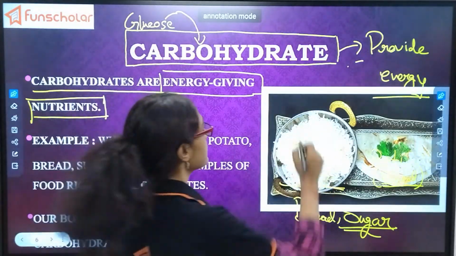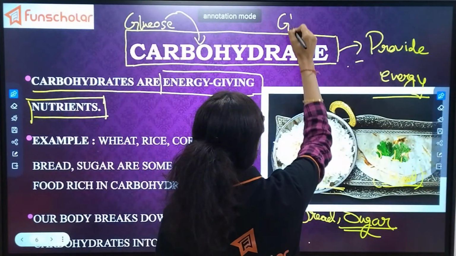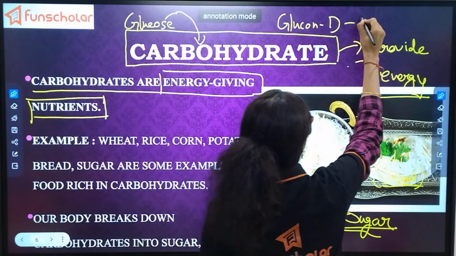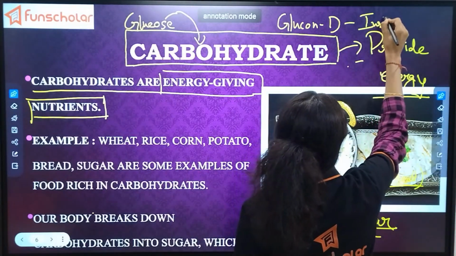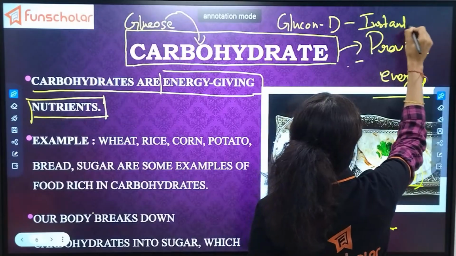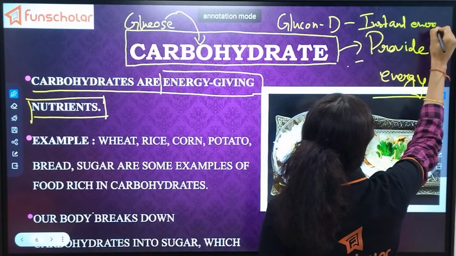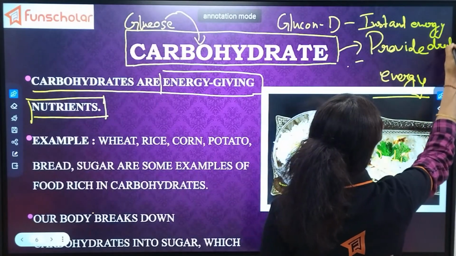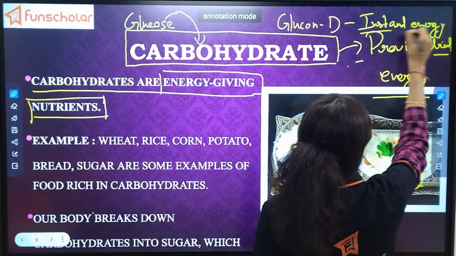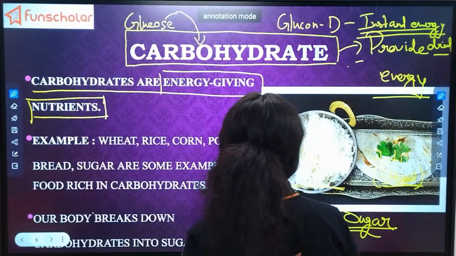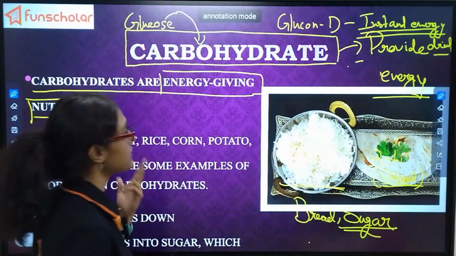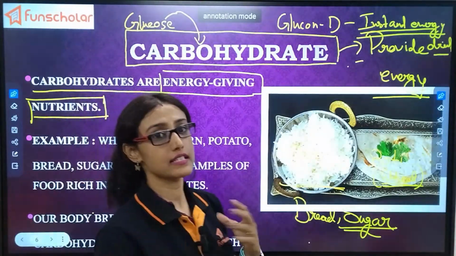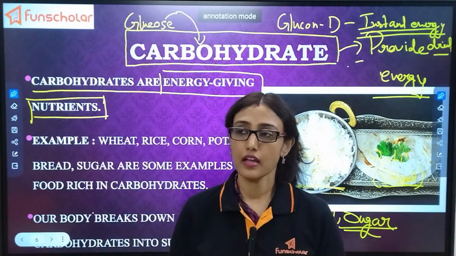You have heard the name or may have tasted Glucon-D instant energy drink. So what does the concept of instant energy drink mean? Instant energy drink means you are getting carbohydrate instantly or rapidly.